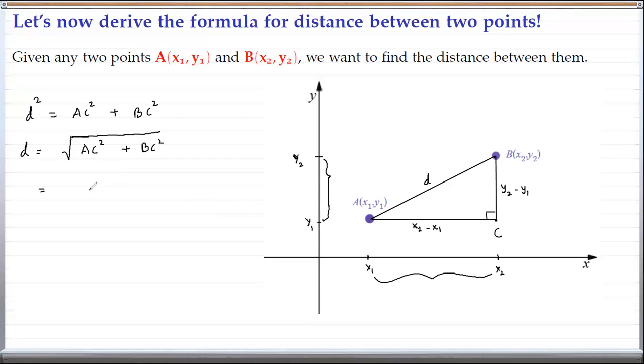And we know what AC is. AC is X2 minus X1. And BC is Y2 minus Y1. So this is the formula we have. D is the square root of X2 minus X1 squared plus Y2 minus Y1 squared, which is exactly the distance formula that we used.